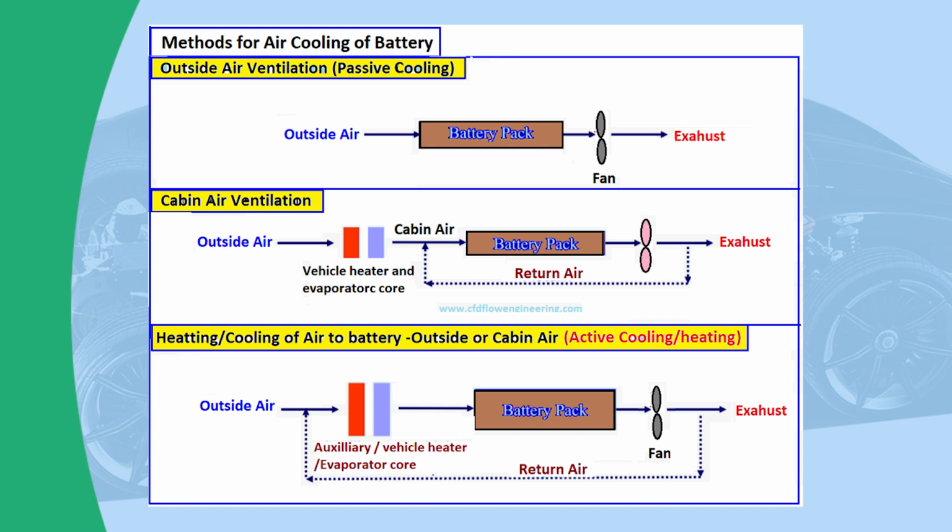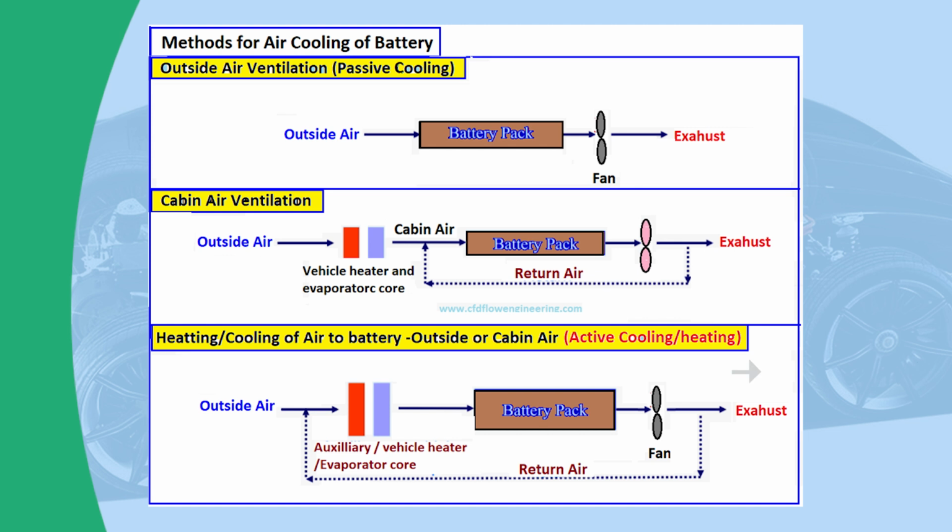And the third one is the active cooling method. In the active cooling method, the outside air is first flown through the auxiliary or vehicle heater or the temperature core, and then it is given to the battery pack, and from there it is given to the exhaust fan and exhausted back.